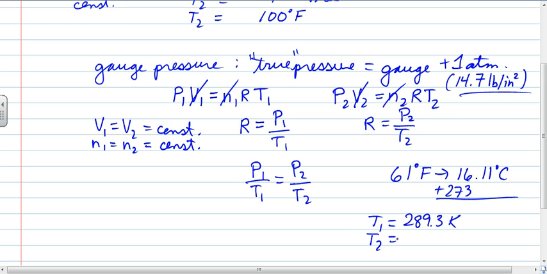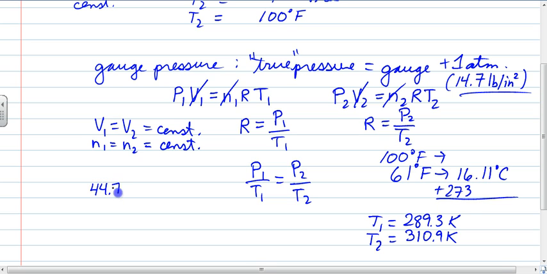Likewise, T2, by the same process, we start with 100 Fahrenheit, convert that to Celsius, and we add in 273, so that's 310.9 Kelvin.